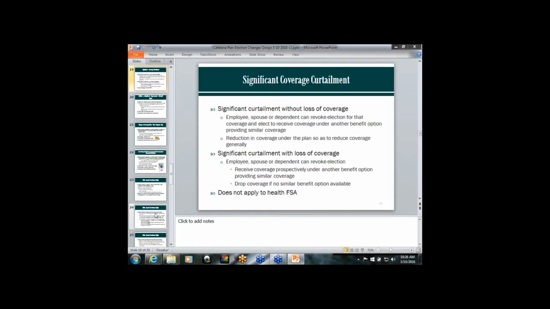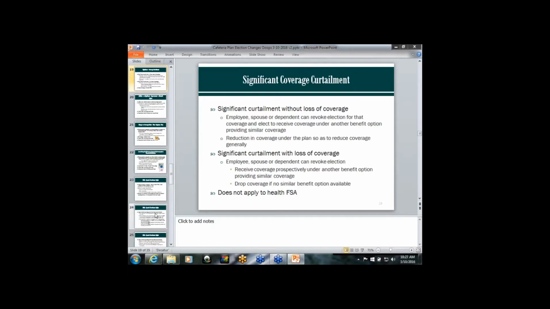Without the loss of coverage, the employee, spouse, or dependent can revoke election for that coverage and elect to receive coverage under another benefit plan that provides similar coverage, major medical to major medical. If there's a significant curtailment with the loss of coverage, the employee, spouse, or dependent can revoke an election and receive coverage prospectively under another benefit option. But if there isn't another benefit option, they can drop the coverage completely.